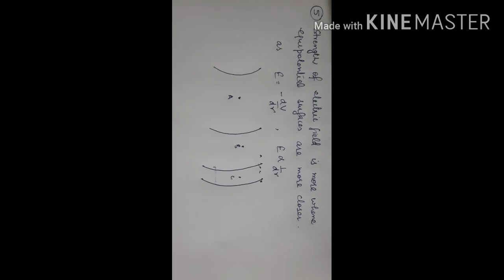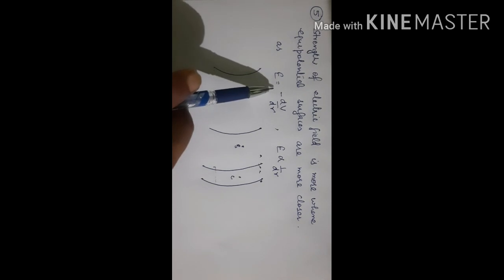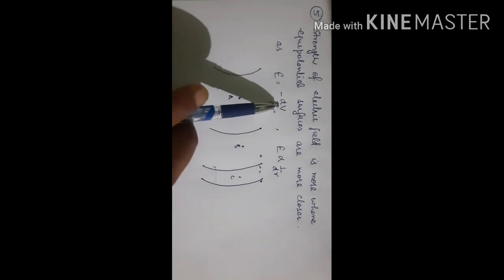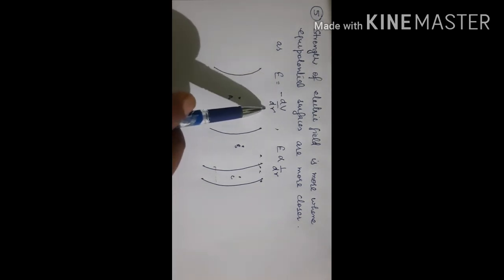The last property of equipotential surfaces: the strength of the electric field is more where the equipotential surfaces are closer. We know that the electric field is equal to the negative of the potential gradient.